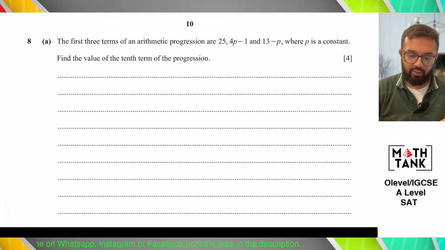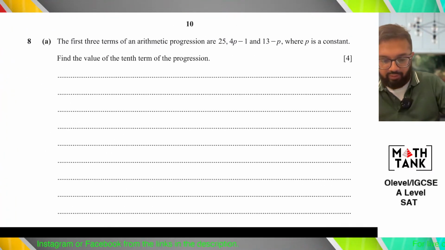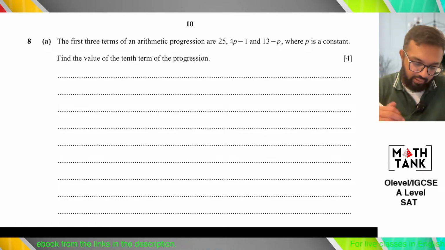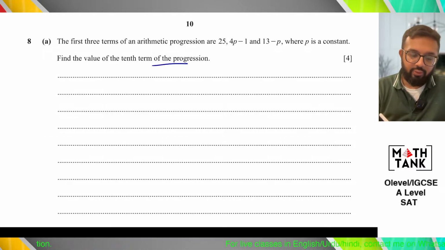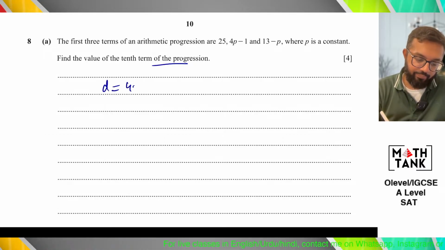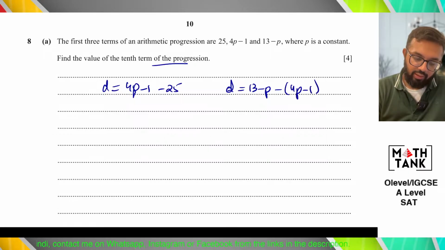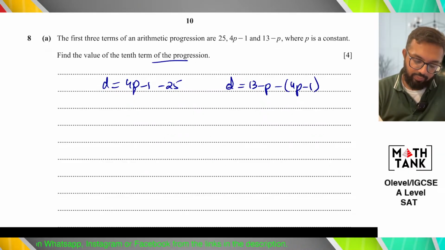Question number 8. If there are 3 terms of an arithmetic progression, find the value of the 10th term. When you have an arithmetic progression, there is a common difference between the terms. Whenever you have an extra unknown in the question, that's what you start with. d can be calculated from here, and d can be calculated from here. Both of these should be equal.